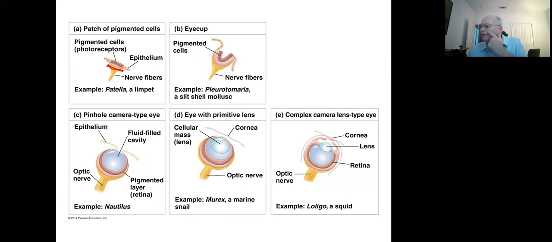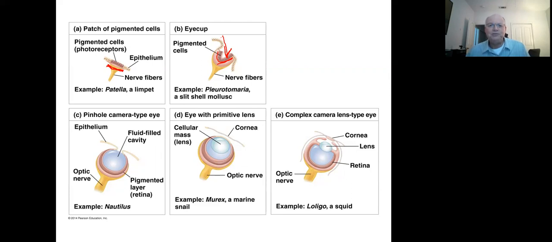If you want to be a little bit more informed, then direction of light would be a useful thing to have. So now the layer of cells is curved. So if light is coming from this side, the cup gets light, the other side doesn't. So now you have directional information.